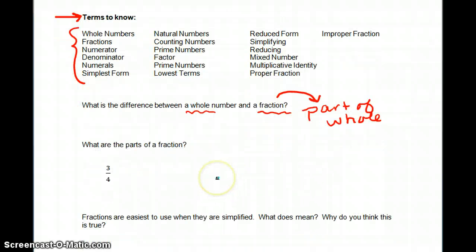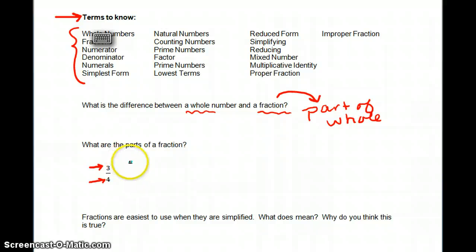What are the parts of a fraction? It's very important that you know the vocabulary words that represent a fraction. The fraction is split into a top part and a bottom part, but we don't call them top and bottom. They do have words that represent them.